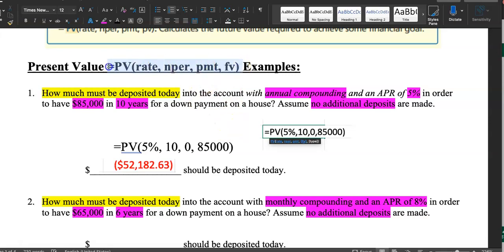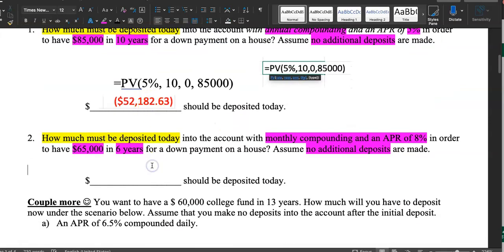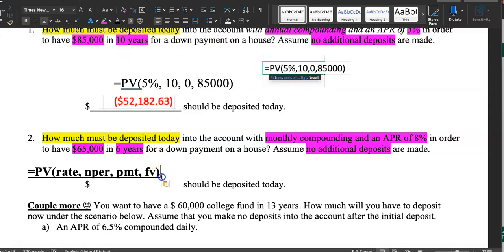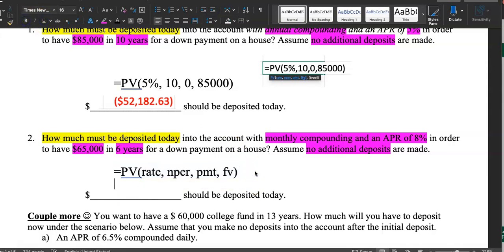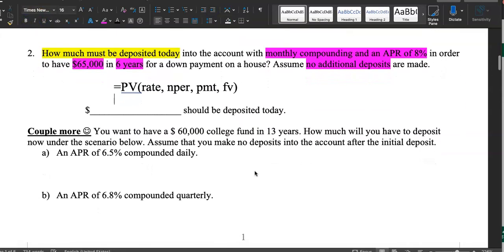So let me copy this and let's talk about what we are going to type in here, okay? So what are we typing? We want to first give them the rate. What's the rate? Rate is 8%, but watch very carefully, okay? This is where we can mess up. If you type in 8%, it's not going to give us the right number.